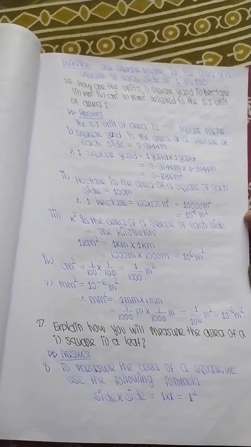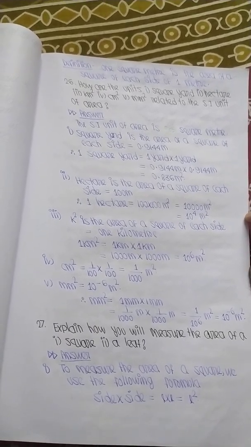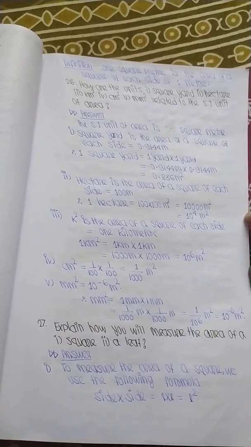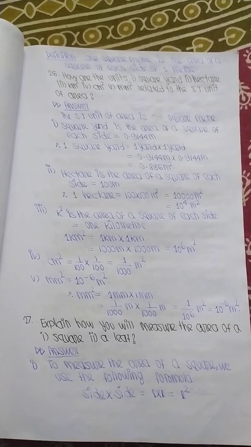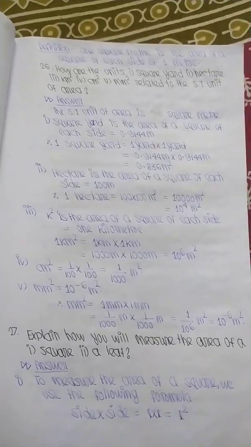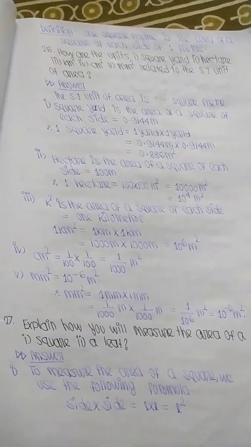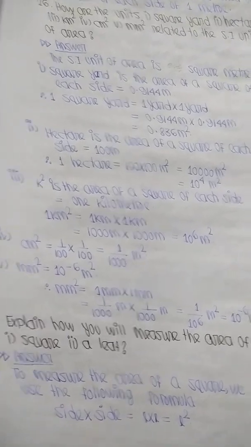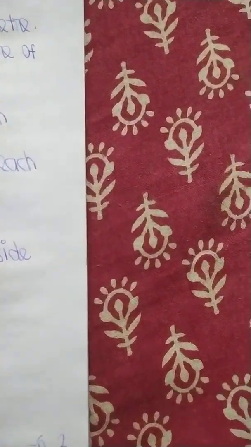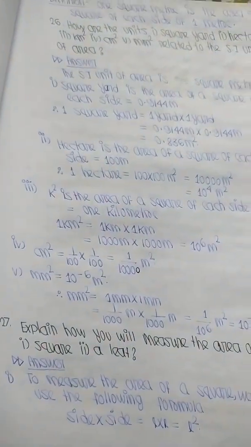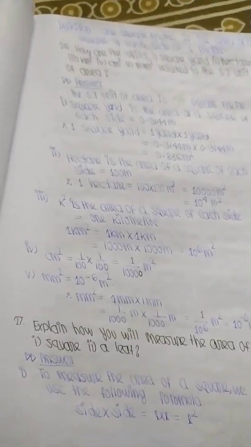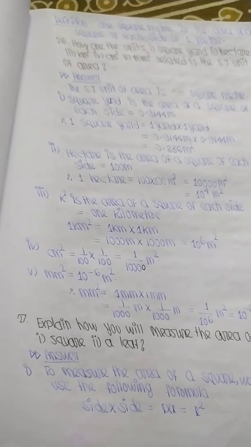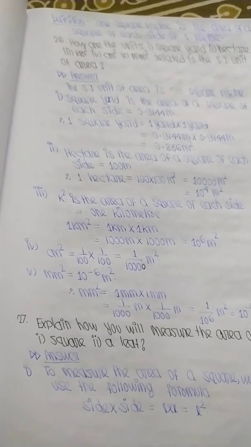Number 4, centimeter square is equal to 1 by 100 into 1 by 100, which is equal to 1 by 10,000 meter square.